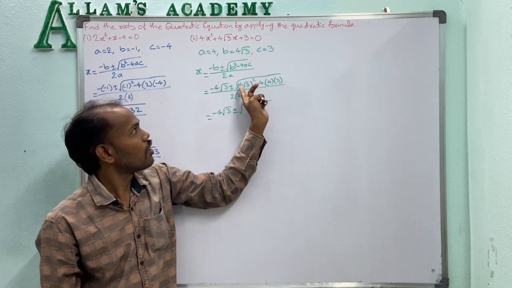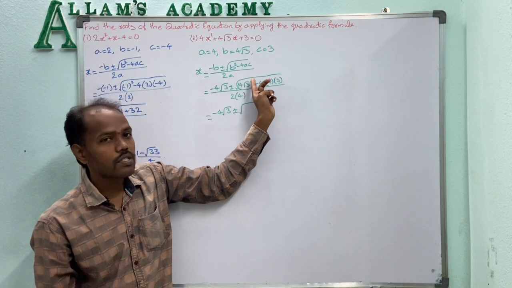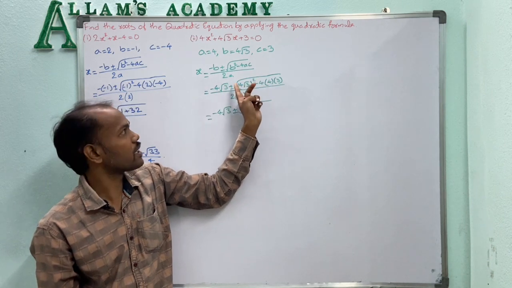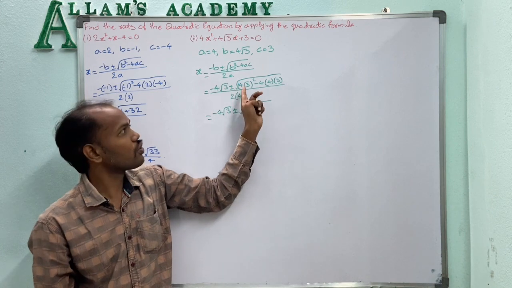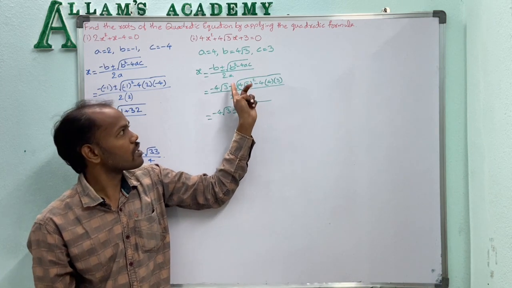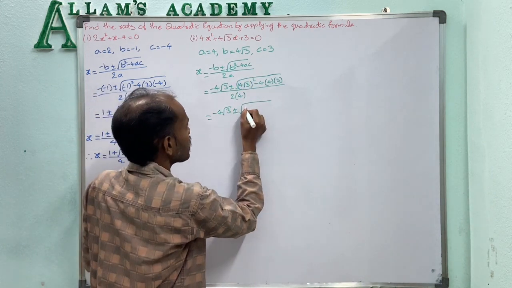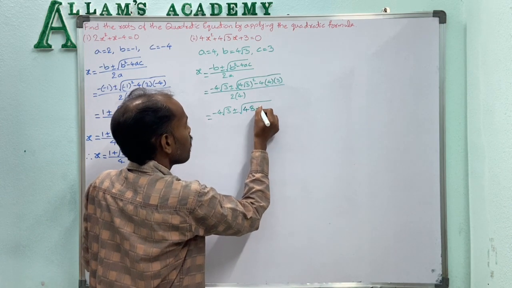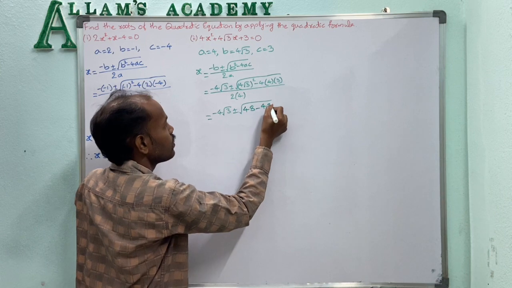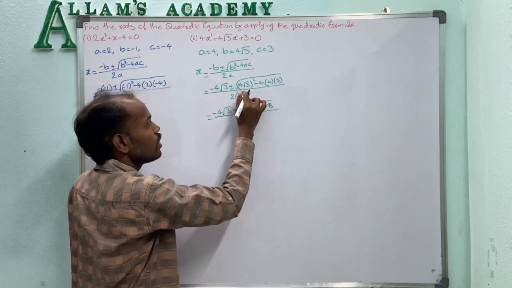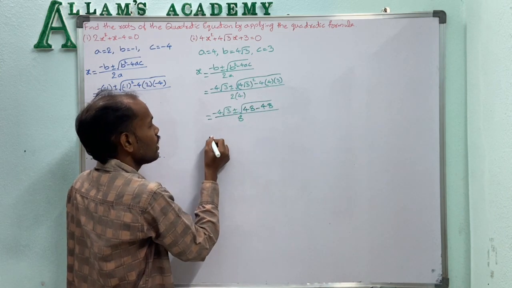So here root ab whole square means a square into b square, that means 4 square into root 3 whole square. 4 square equal to 16, root 3 whole square equal to 3. So 16 3s are 48, minus 4 4s are 16, 16 3s are 48, by 2 into 4, 2 4s is 8.